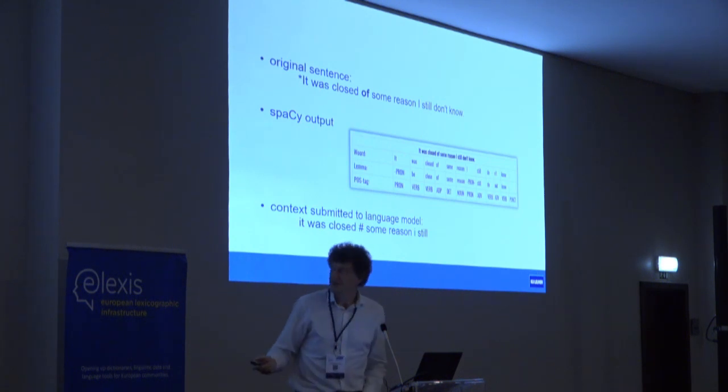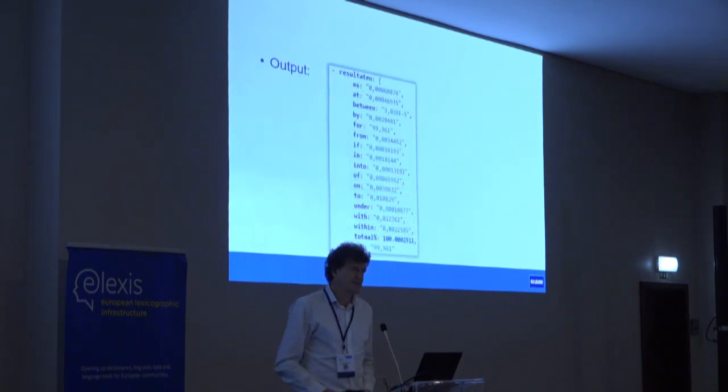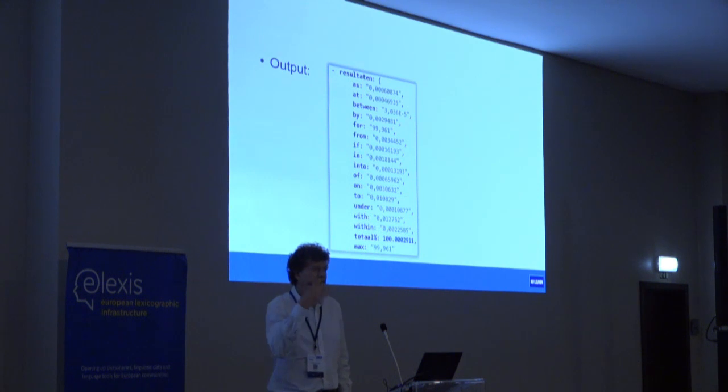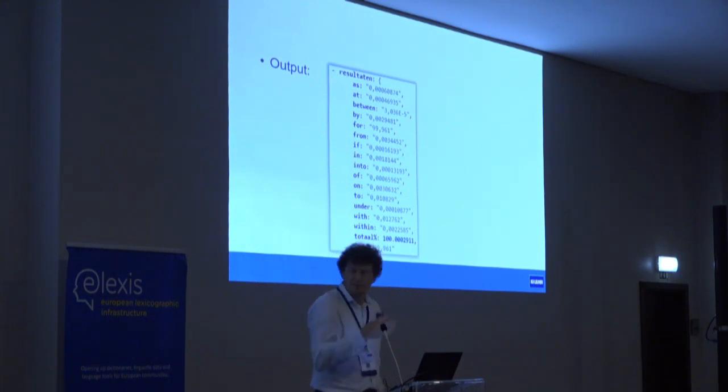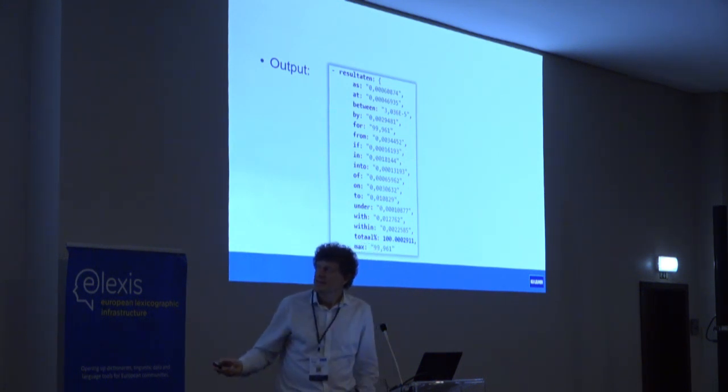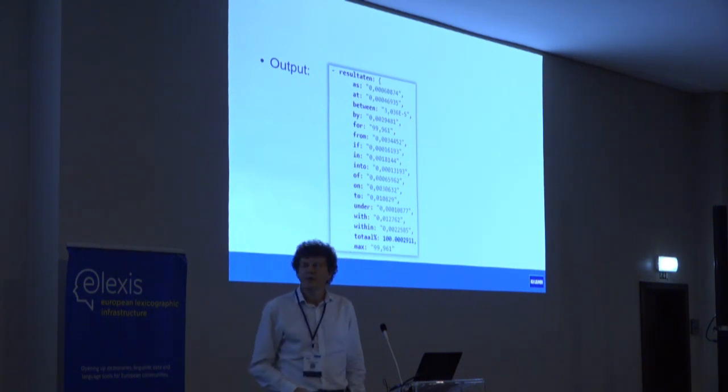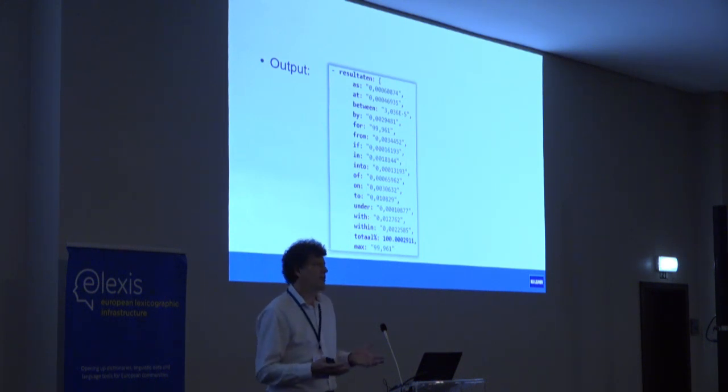What's the result? That's the result. It simply gives a probability for all prepositions we have trained, and it says in this case that the language model is 99.96% sure that in this case it will be "for".